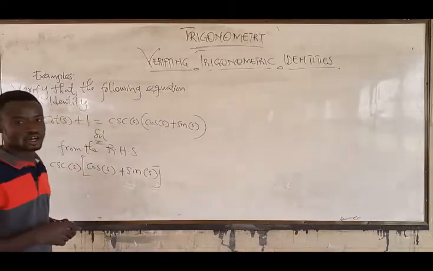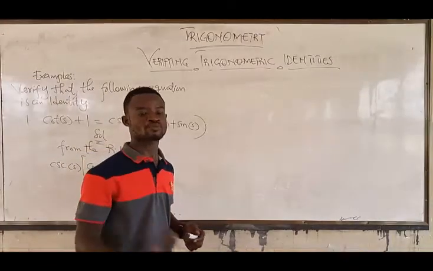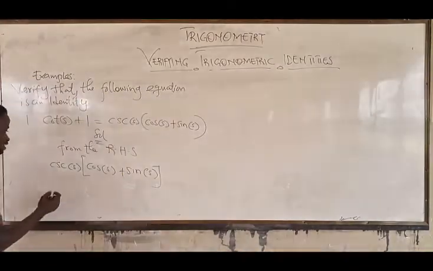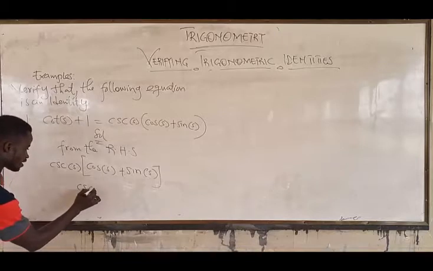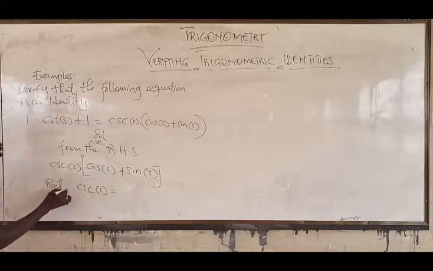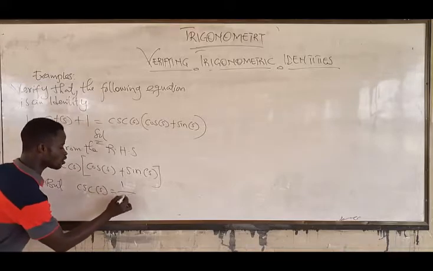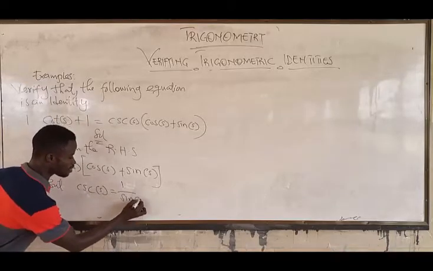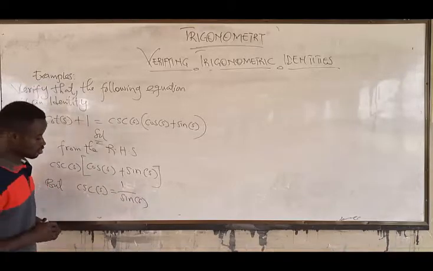Cosec, we know from a reciprocal identity that cosec x is 1 over sine x. Very good.